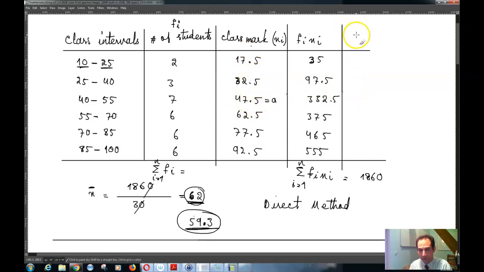That's going to be A minus x of i, or probably x of i minus A, sorry. x of i minus A. And I can call this d of i, which stands for deviation.